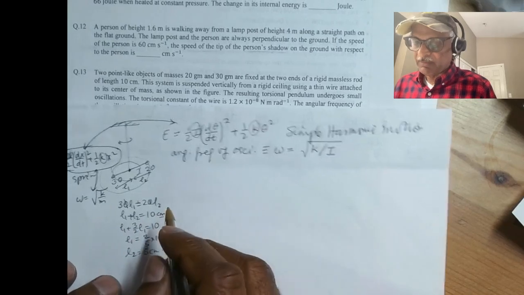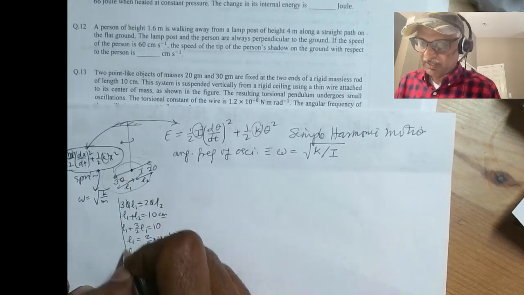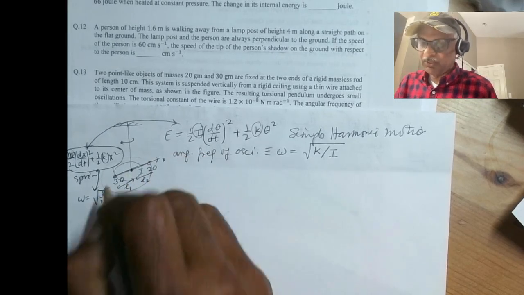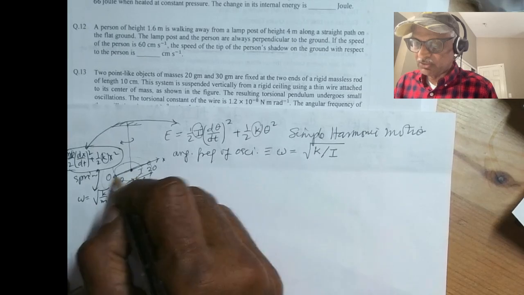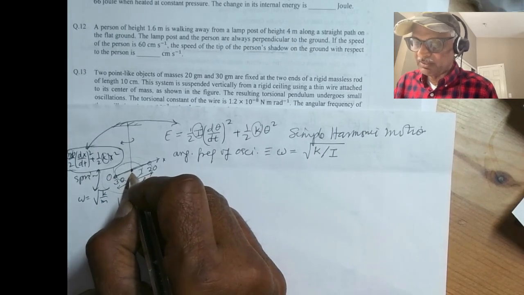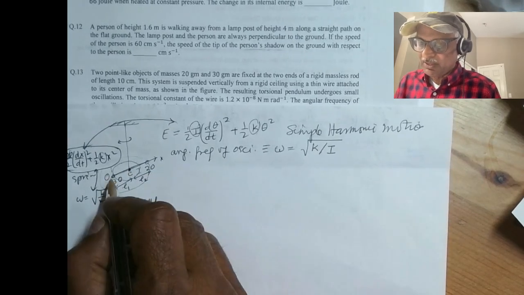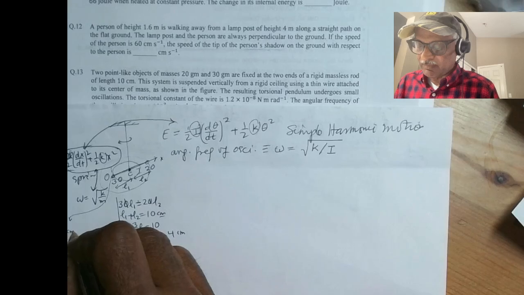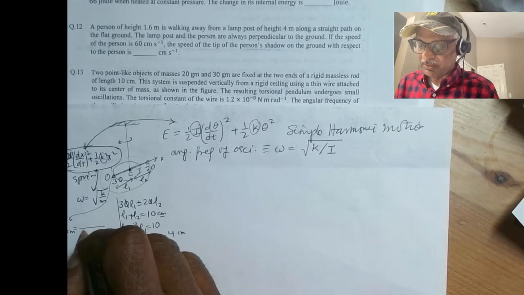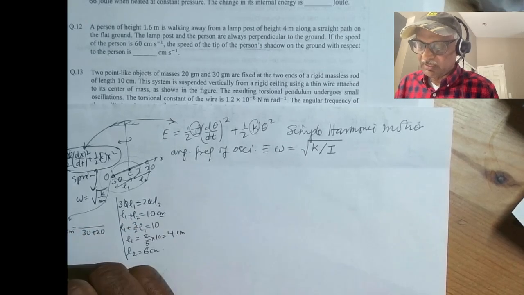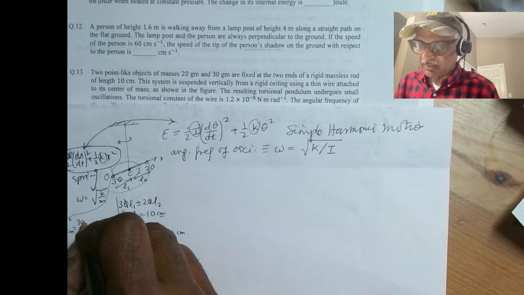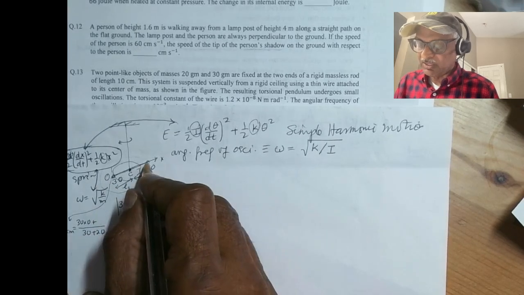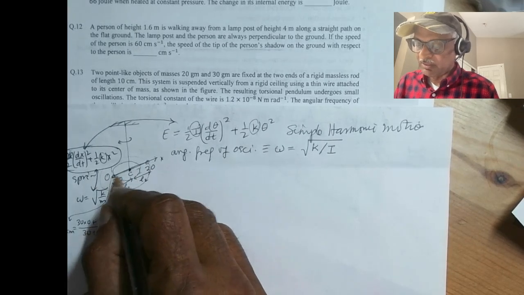So that's one way. Another way is to put an x-axis this way, with the origin here. So how far away is the center of mass? This is the center of mass. So x_cm, just use the definition: 30 times 0, since it's at the origin, plus 20 times 10, since it's at 10, over 50.